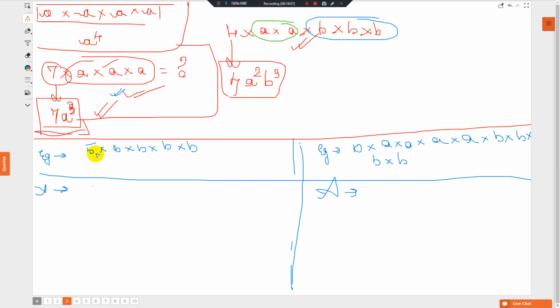But first, what to do at the beginning? First, we write the number. Now, which letter is used here? b. How many times is it used?